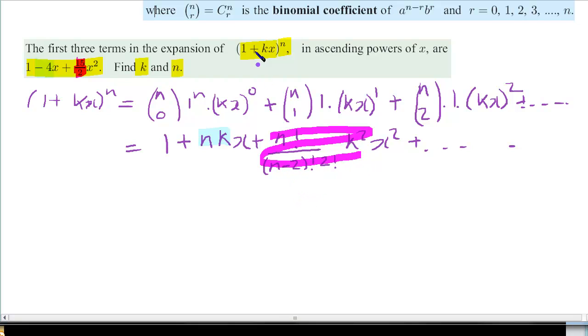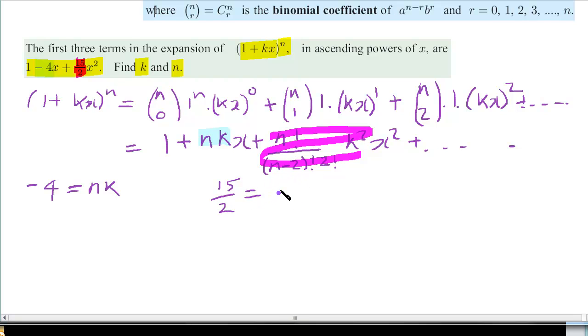But we need to simplify this first. So let's write out what we found so far: we know that minus 4 equals nk, and we know 15 over 2 equals all of this lot.